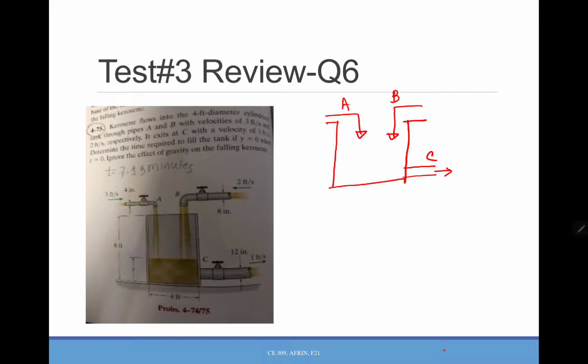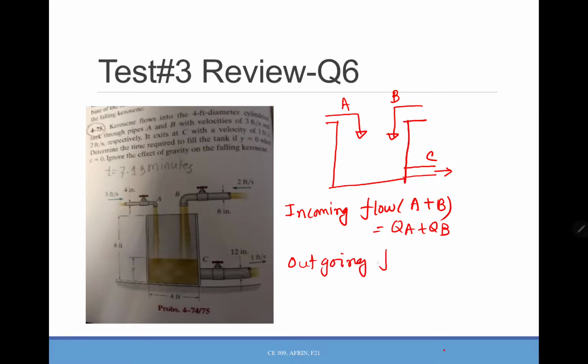So what you can do, you can find out the incoming flow, QA plus QB, outgoing flow QC, and here the storage per second will be QA plus QB minus QC.